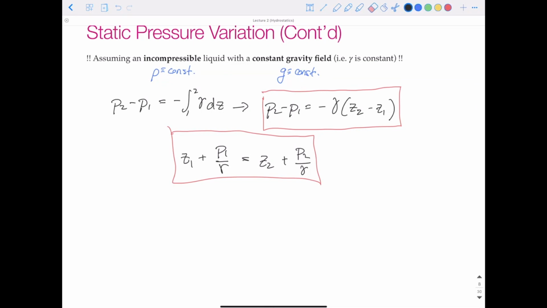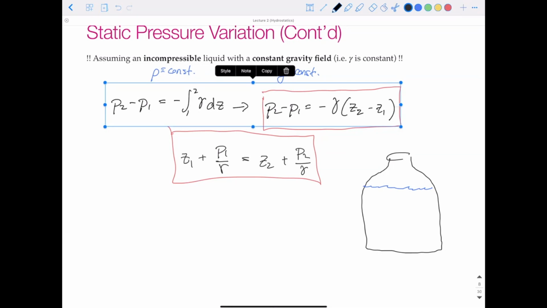Let's just imagine we have some container, some jug, and it has water, and we know the pressure at the surface. We can just draw that. Pressure at the surface is P air. Maybe we can say P air is equal to 101 kPa.